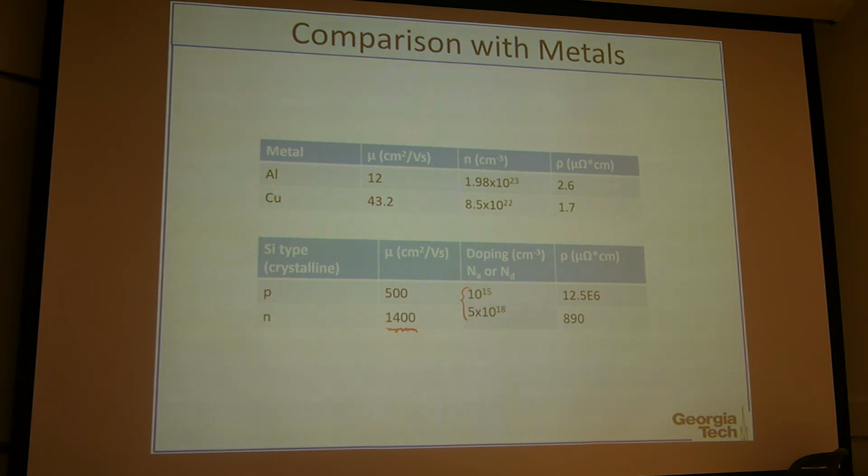So you can make silicon more conductive or less conductive based on your doping. But still, if you compare silicon with metal, even for the highly doped case, silicon is still more resistive than metal.